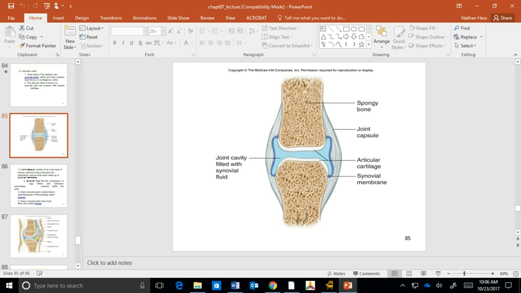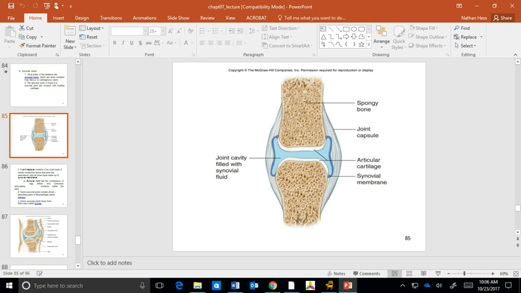The white part is what we call articular cartilage, right? Remember where the two bones are meeting? You have that extra area that gives protection for the friction. That's what the cartilage is. And then notice around there you have this blue stuff. That's the fluid, the synovial fluid inside that synovial joint.